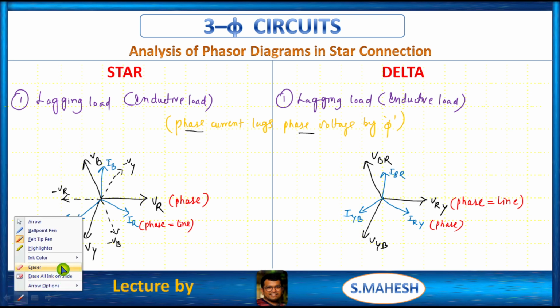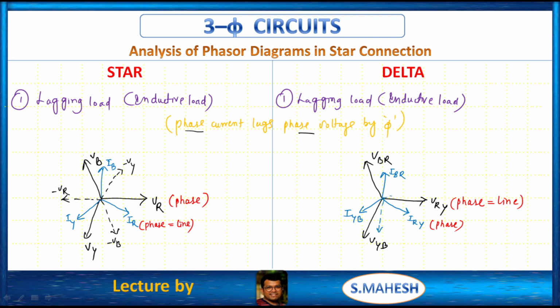Like that, in case of delta also, IR is IRY minus IBR, right? Therefore, this is minus IBR, this is IYB, and this is negative IRY. Clear?